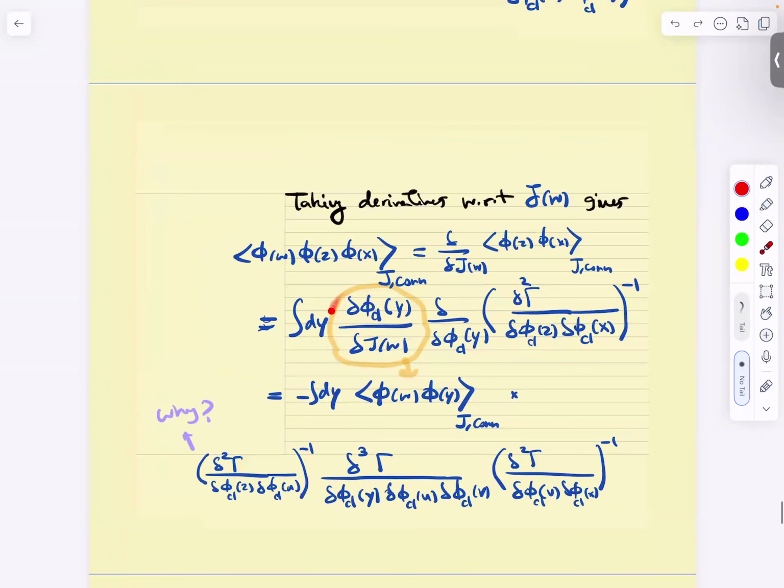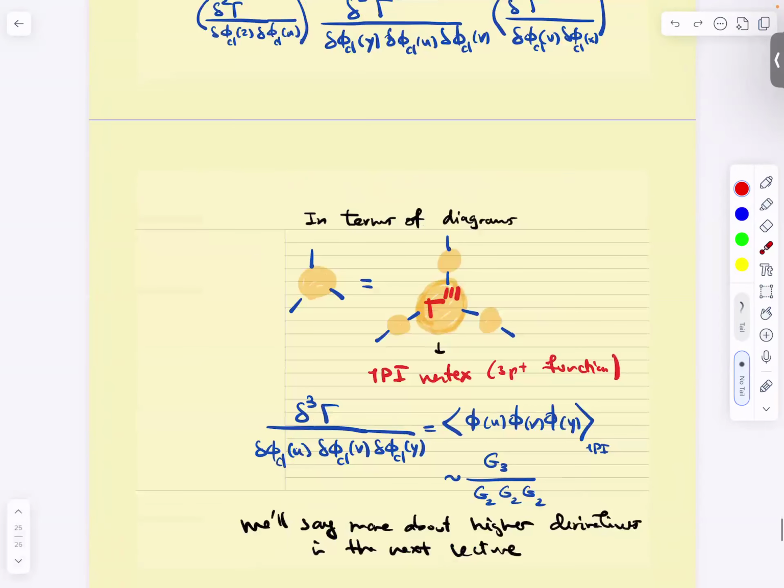So look, I take one derivative here. That gives me one copy. Then from the minus one, I get two other copies, and the locations work out. Right? So the third derivative of this is the 1PI 3-point function. It's basically G3, the 3-point function, divided by G2, G2, G2.